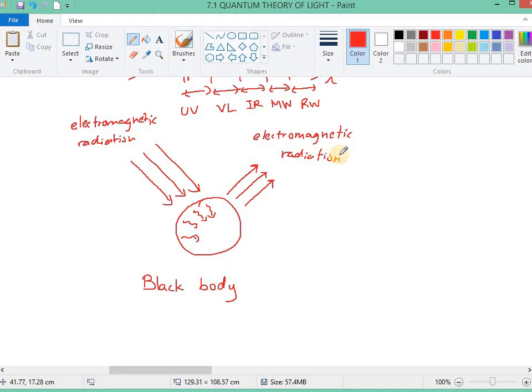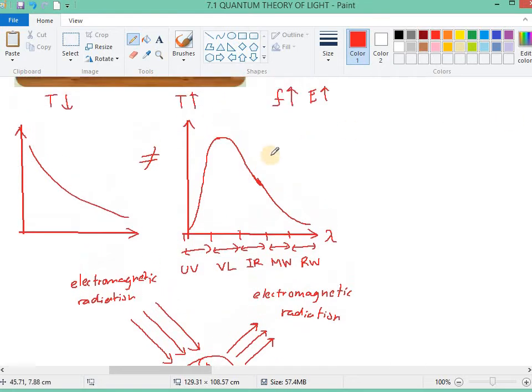Why is it that they want to use this black body? They suggest this black body to study, because if you want to study objects in reality, there will be a lot of variables involved. So it will be very difficult to focus on what it is that caused this graph to appear.